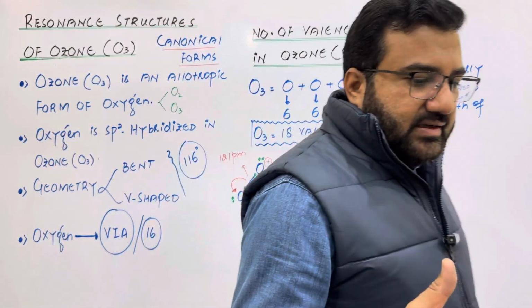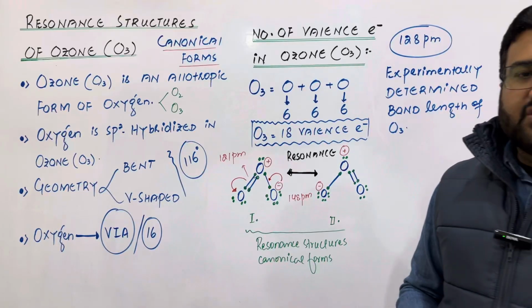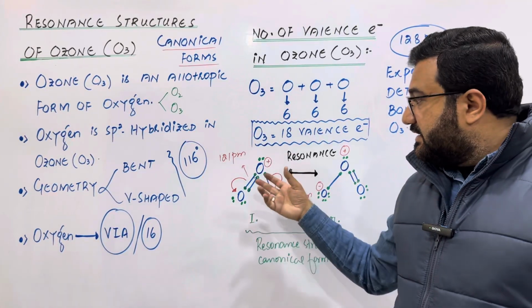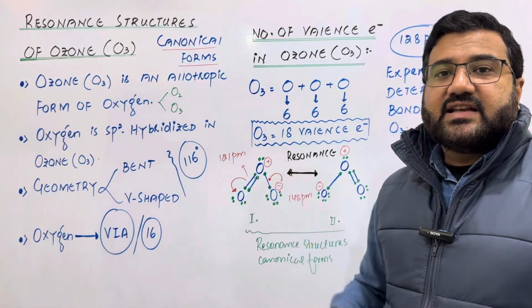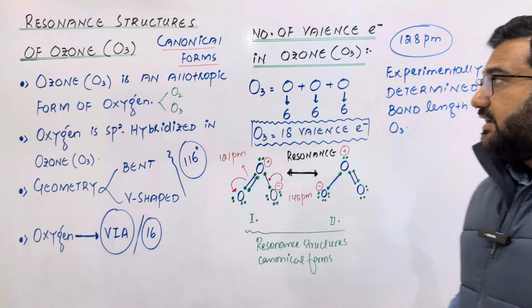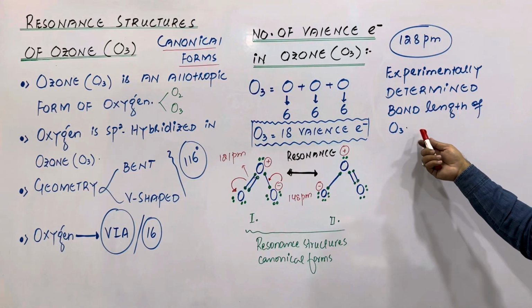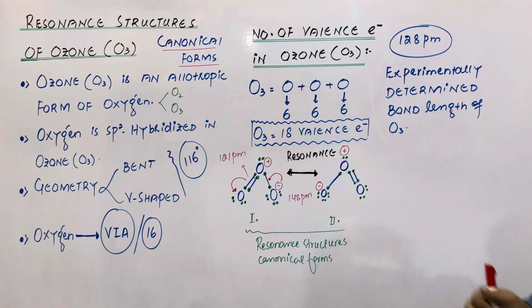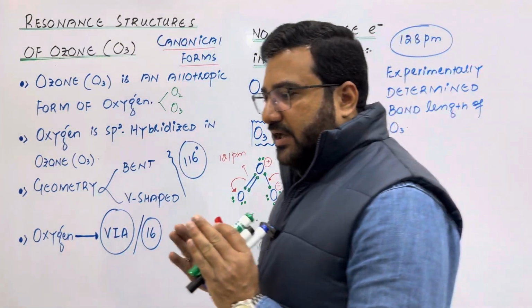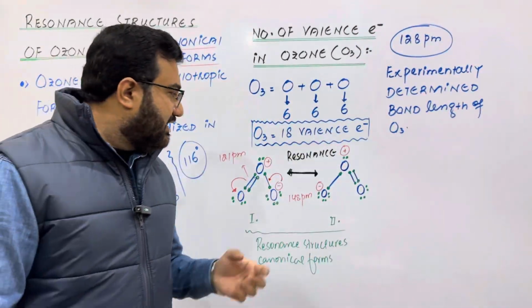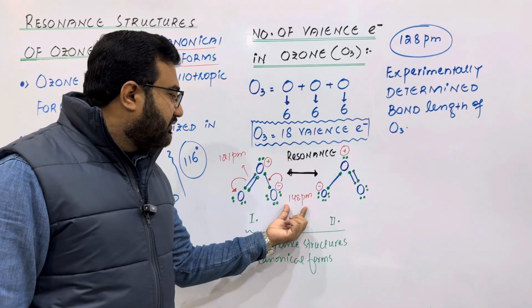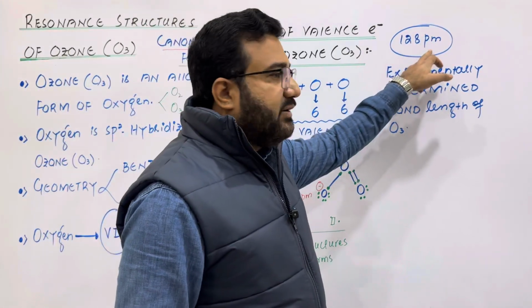Now let us evaluate the structure of ozone experimentally, whether these structures resemble the experimental information or not. When we evaluated the structure of ozone experimentally, the experimental bond length in ozone was neither 121 nor 148, it was 128 picometer.